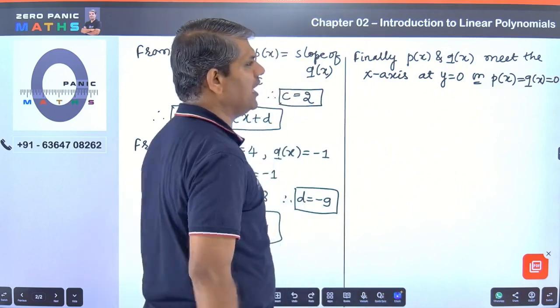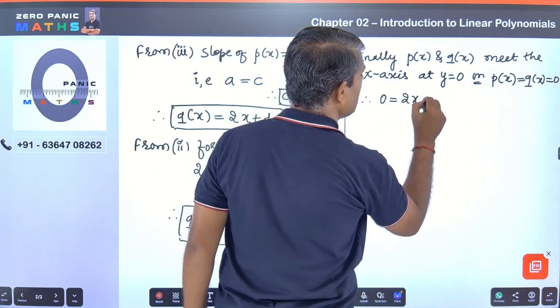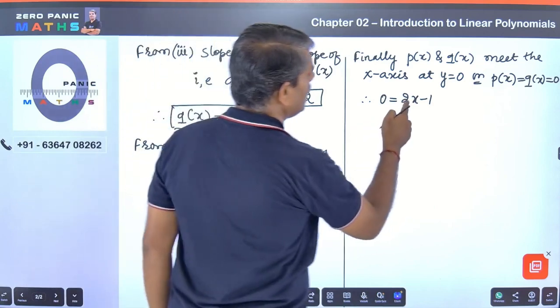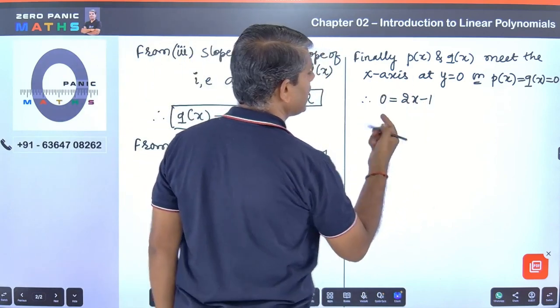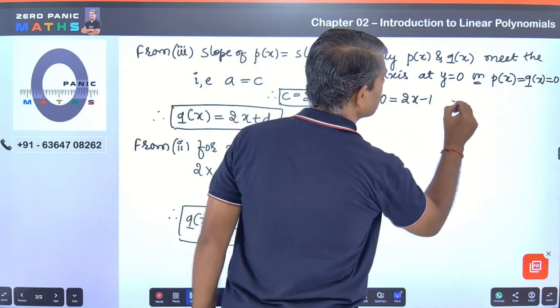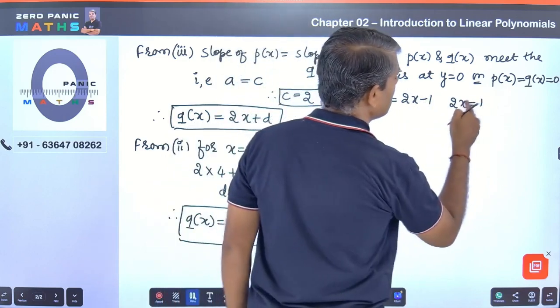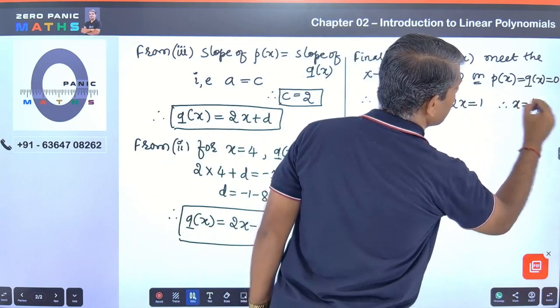It means that I can say 0 is equal to 2x minus 1, which is the p of x. So 2x is equal to, minus 1 I will take to the left side. That will give me 2x is equal to 1, right? So x is equal to 1 by 2.